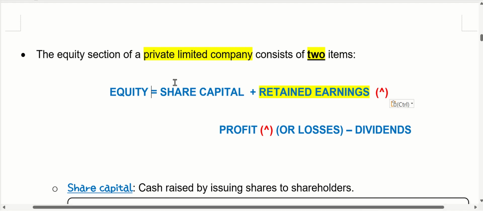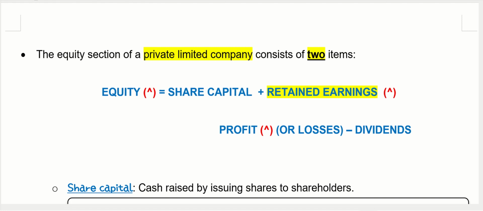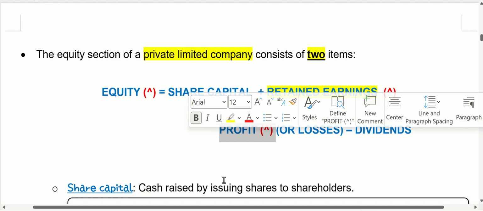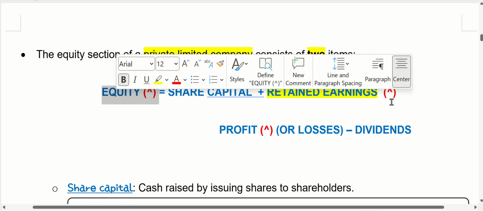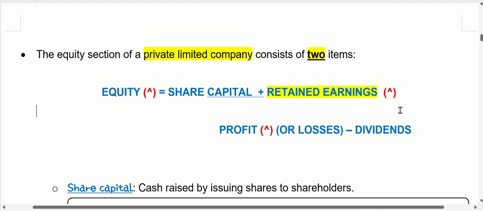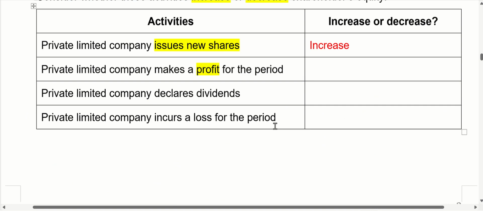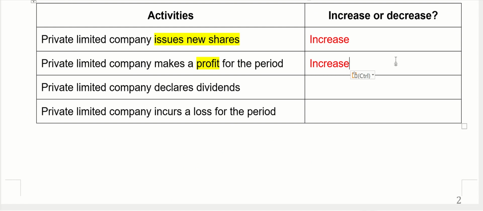And therefore, with more retained earnings, equity also increases. All right, so I repeat that. When you make profit, profit goes up, retained earnings go up, equity also goes up. So when your private limited company makes a profit for the period, shareholders' equity also increases.